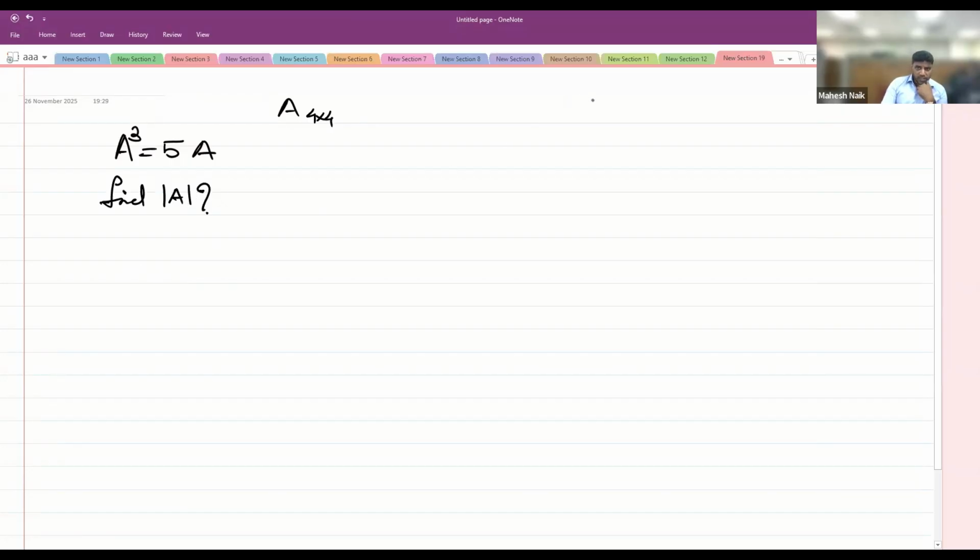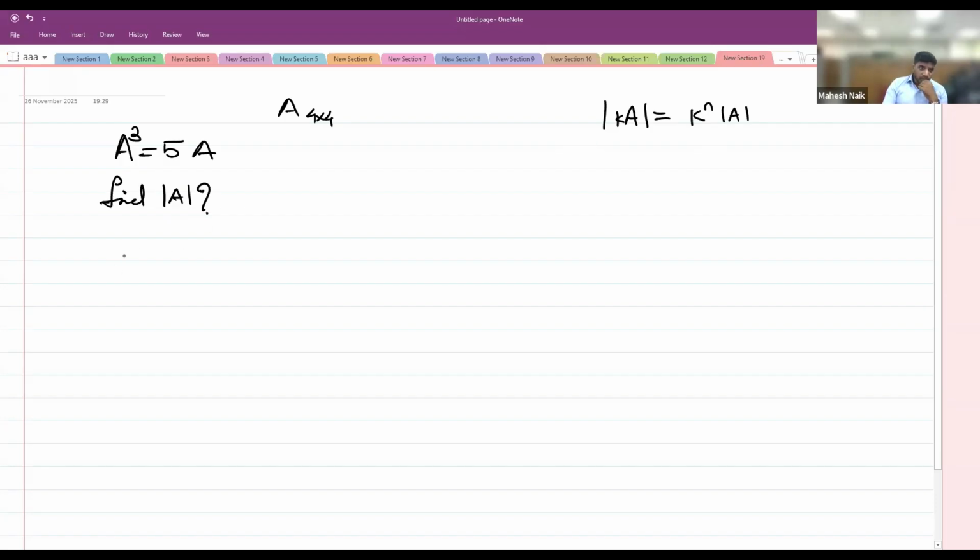So one of the properties which I didn't specify: if we multiply a matrix with K, and if we find the determinant of the same, it is equal to K power n into the determinant of A. So when we multiply K with A, we multiplied with all the rows, and then accordingly we'll have to pull it out from all the rows separately, and that gives us this.